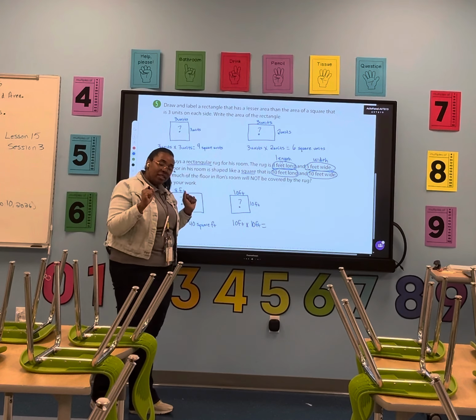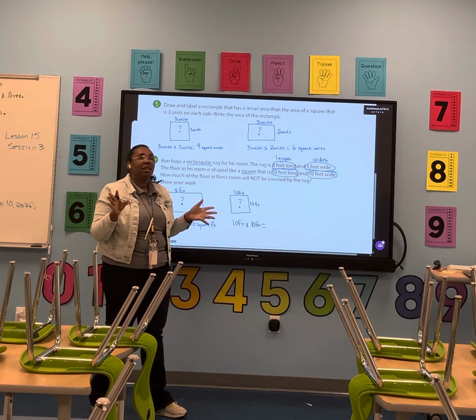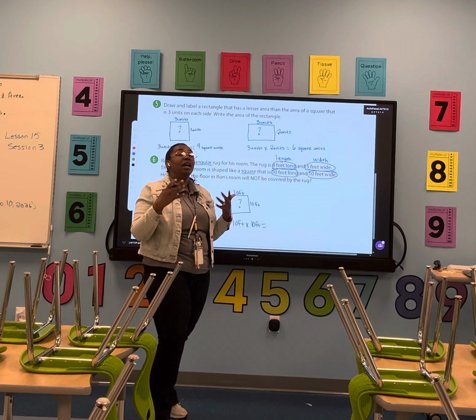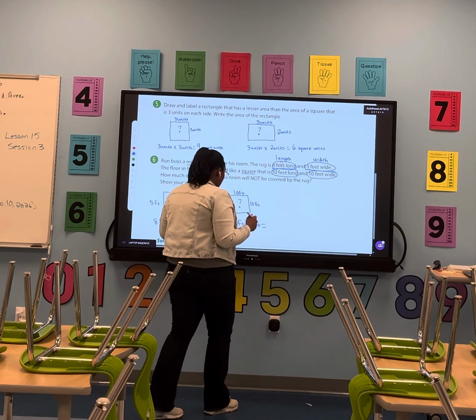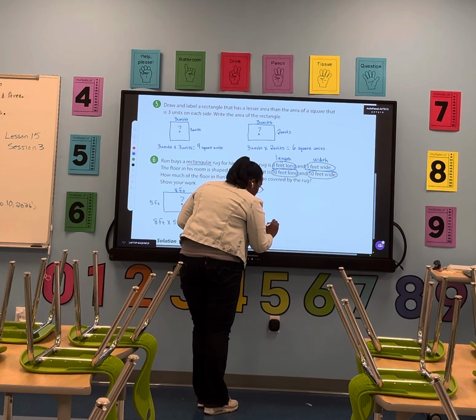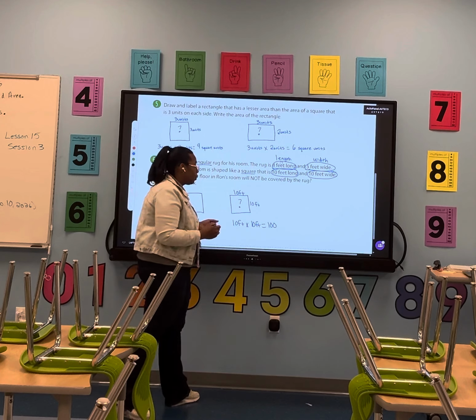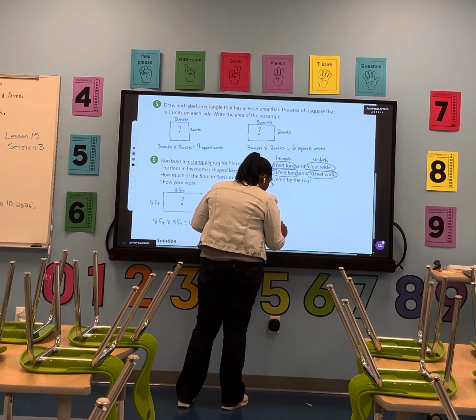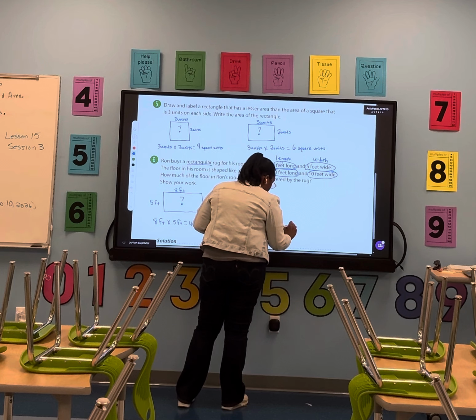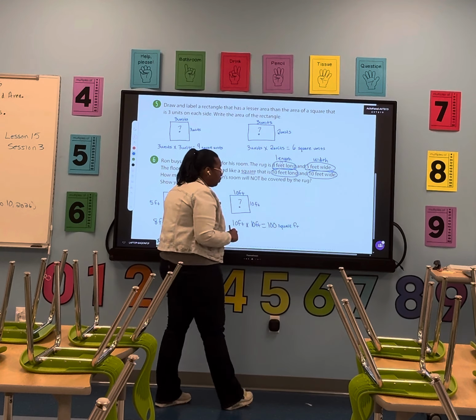So 10 times 10 we know is 100. So let's go ahead and put this as 100. Okay, and this is area, so we use our special word of square, and we use the unit of feet. So it is going to be 100 square feet.